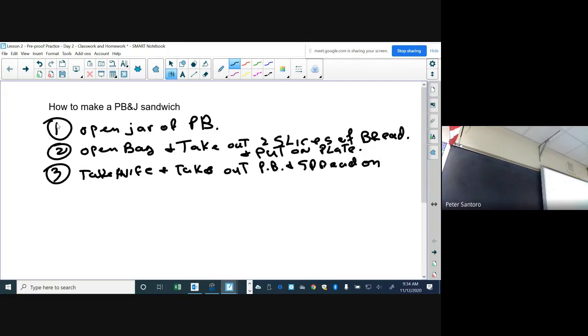On both sides of the bread or just one? Oh. All right, now we're moving along.